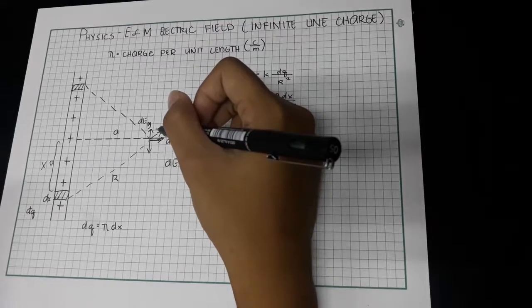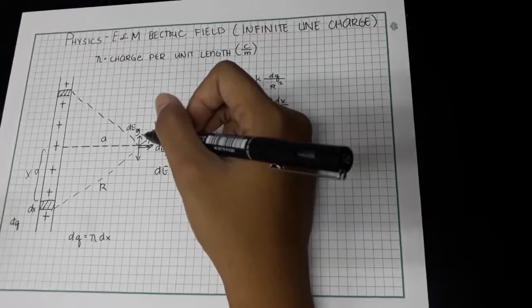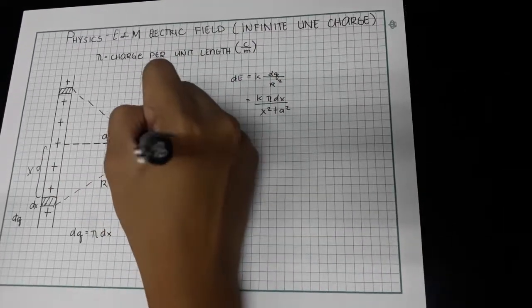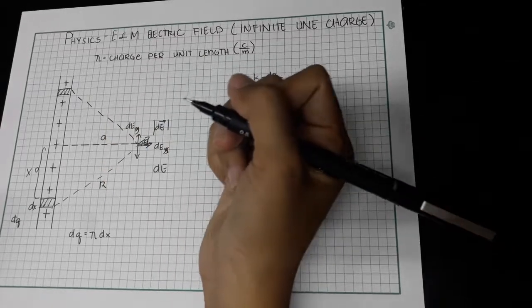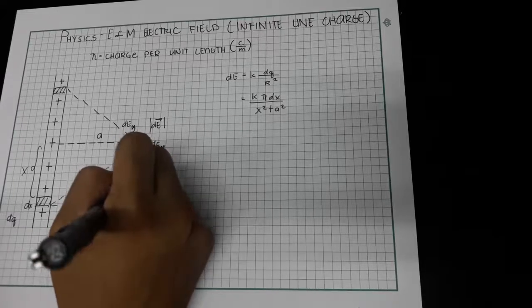And we figure out that we have to find the dE sub x component. And we have a theta right here.